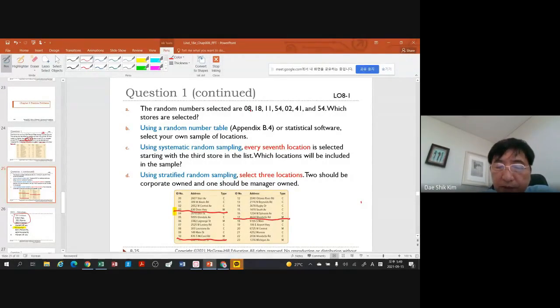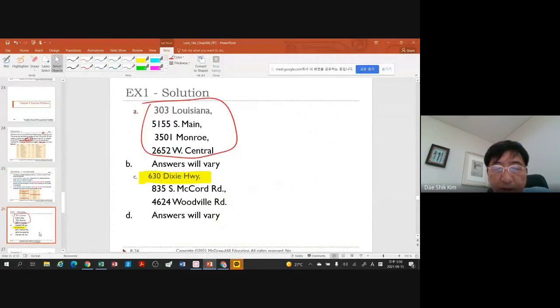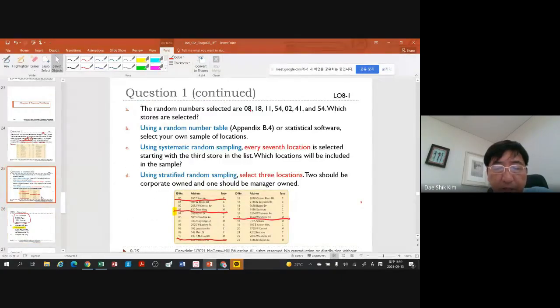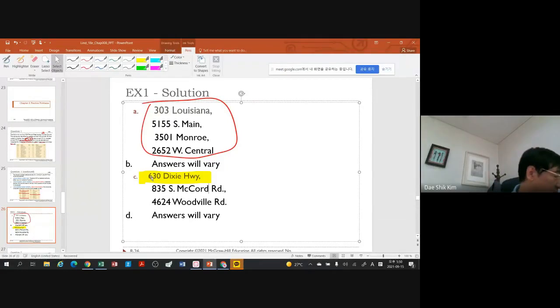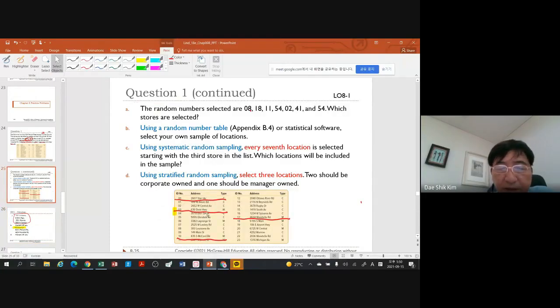Plus 7 is 24, and 23 is the last, so it wraps around. So up to Star Avenue: Dixie, McCord, Woodville, and one more. The first one, Star Avenue, will be selected.